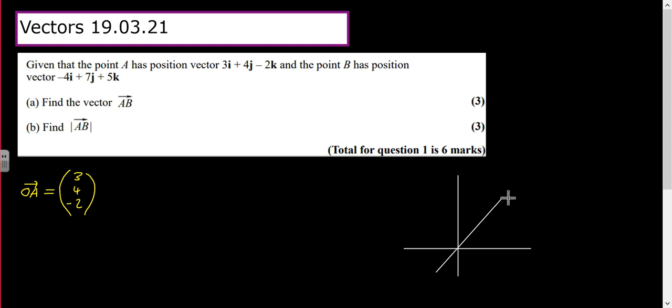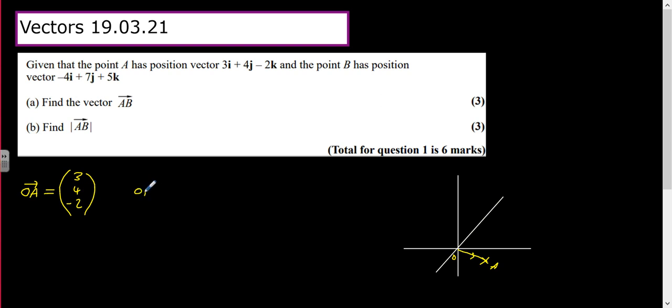So if you've got some x, y, z axes, the point A is somewhere floating in space, down here perhaps, and the line that joins up the origin with this point is described by the vector 3 on the x-axis, 4 on the y-axis, minus 2 on the z-axis. All right? And that's why I call it OA. It's the vector between the origin and your point A.